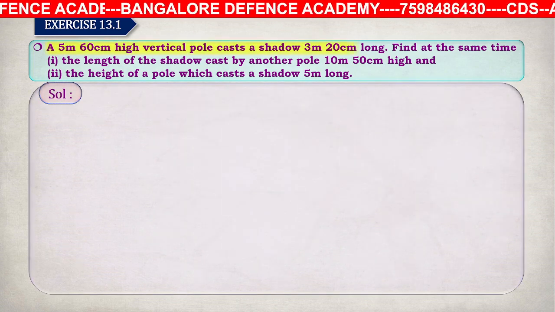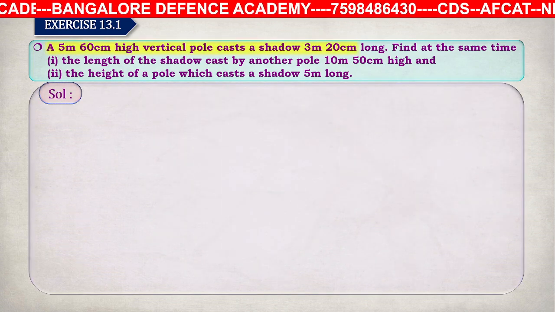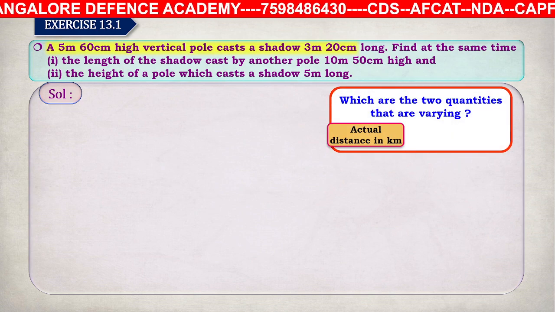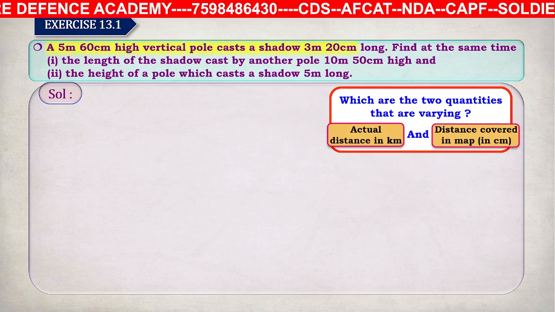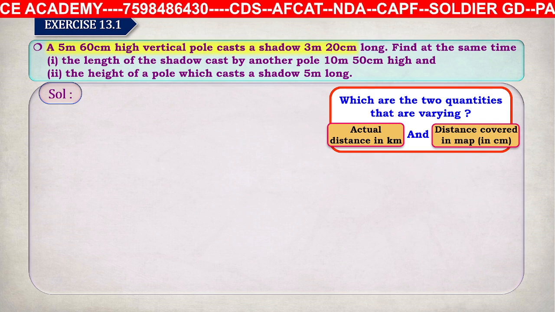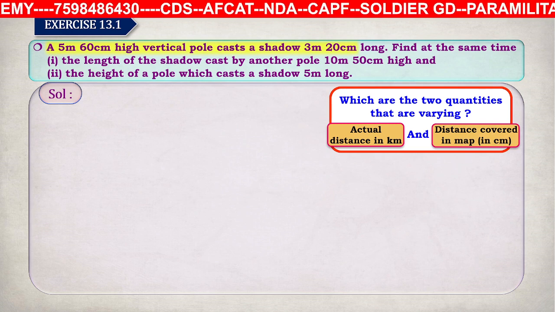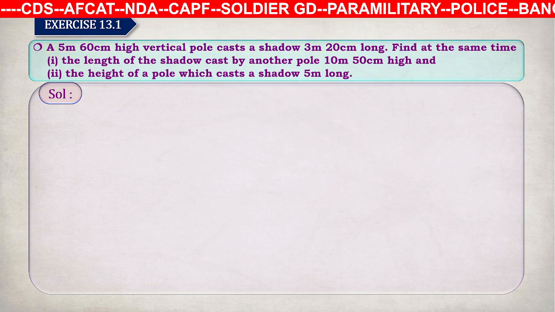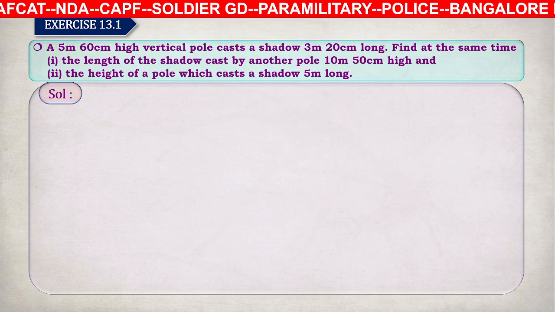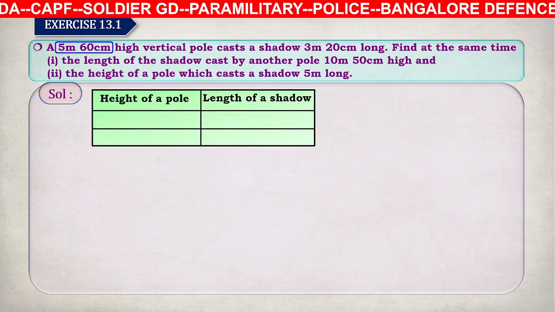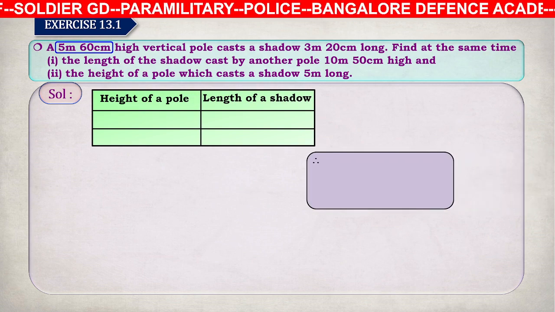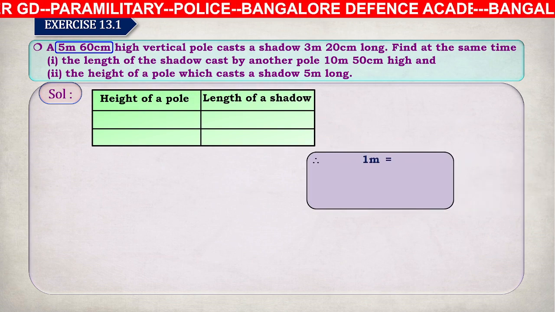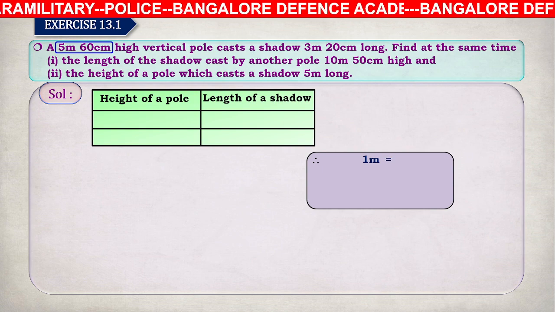Now imagine the question here: the comparison is between the height of the pole and the shadow. These are the two things being compared. 5 meter 60 centimeter is the height, and then the shadow. So I'm making a tabular column. Now I'm going to convert everything into a common unit.